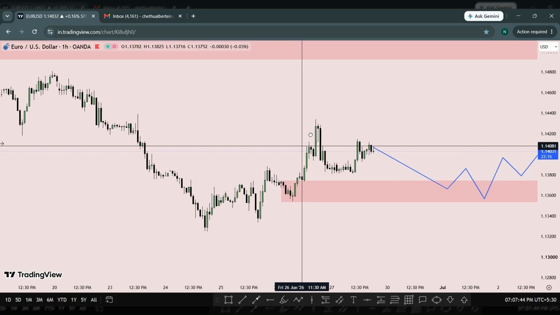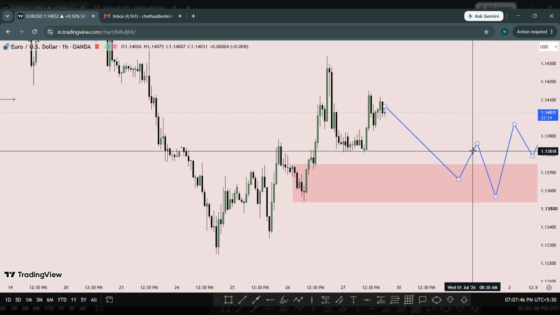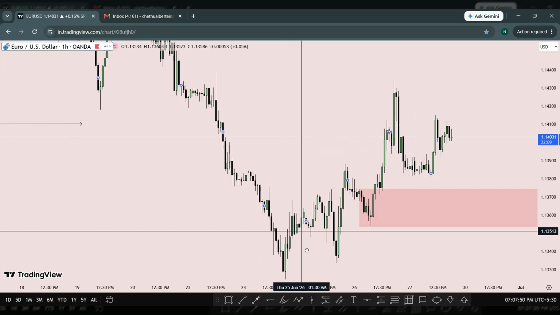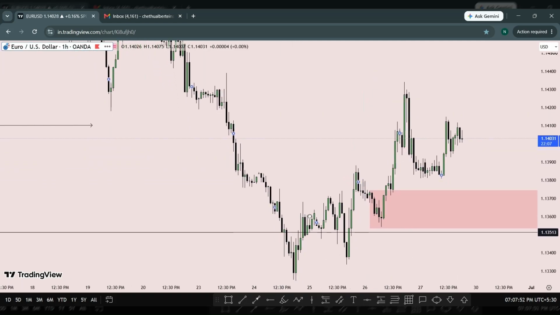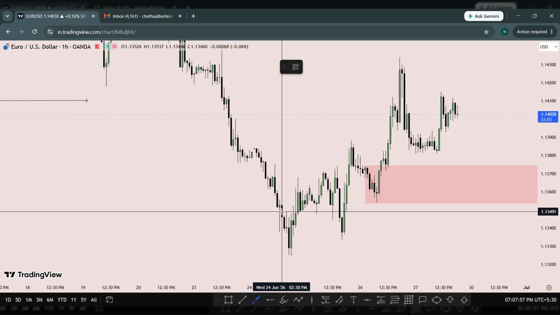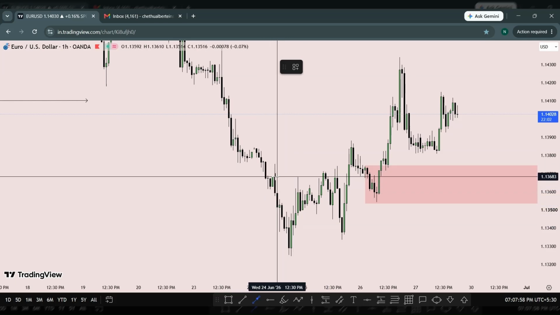Switching to the hourly chart. As you can see, the market structure shift happens here.